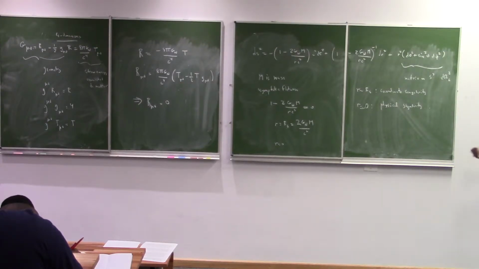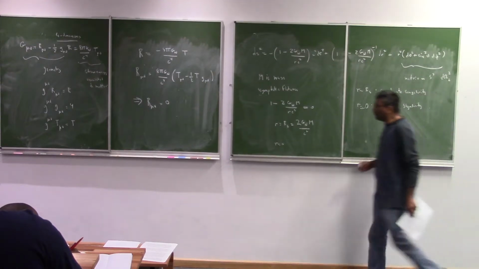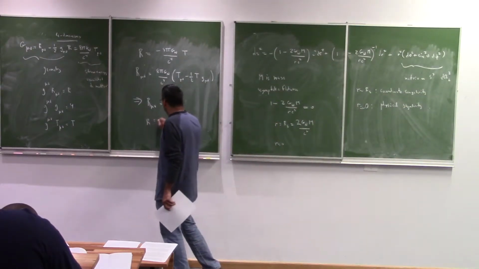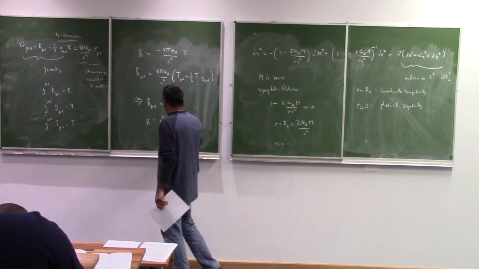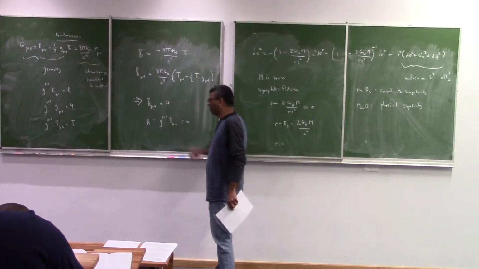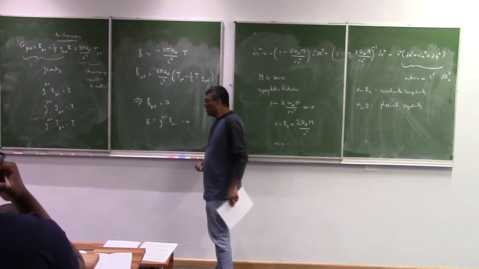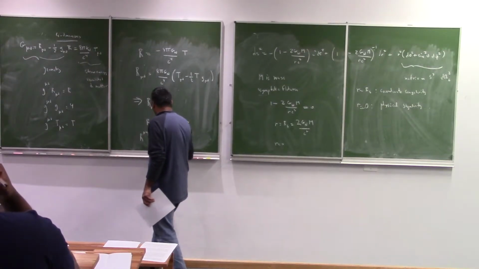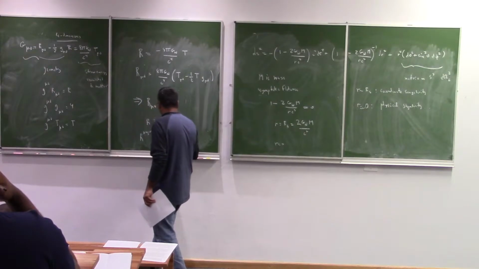What we can do is look at curvature invariants and see that they don't blow up at this coordinate singularity. So, a curvature invariant we can construct is just R, which is equal to g^{mu nu} R_{mu nu}, as we wrote earlier. But R_{mu nu} equals 0. R equals 0, and this doesn't tell us anything. But suppose we look at R_{mu nu rho sigma} R^{mu nu rho sigma}.